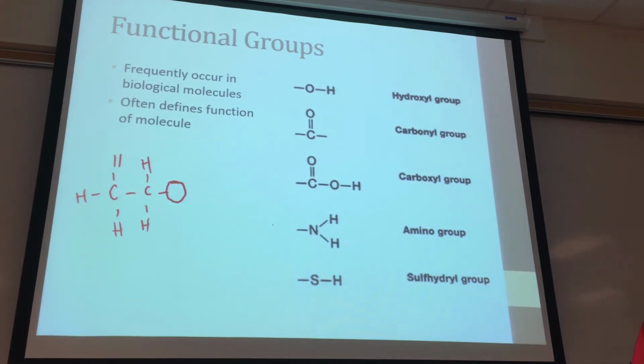And one of the functional groups is OH, a hydroxyl group. So instead of a hydrogen, I'm going to put OH on there. And in that functional group, we have OH. That becomes our alcohols.